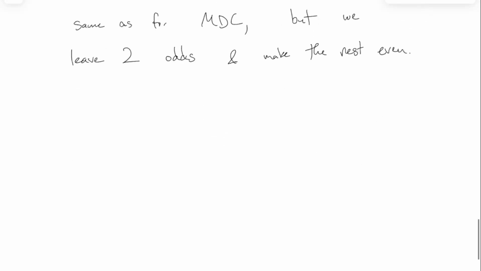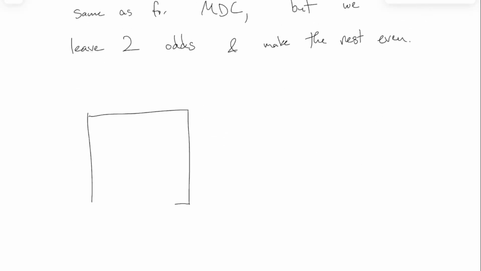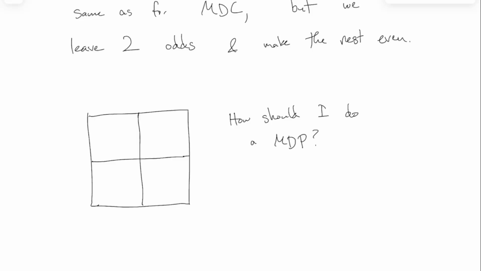So, for example, in this one that we just talked about, how should I do a minimum duplication path? Well, again, you start by looking at all the degrees, and really all you care about is the odd degrees. There are 4 of them here. And the idea is we must duplicate some edges to turn them even, but you don't have to turn all of them even, you can leave 2 odds.